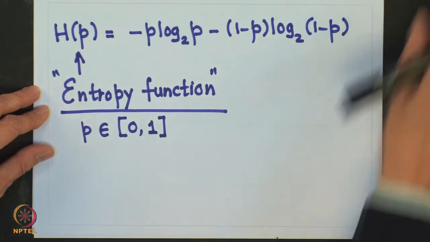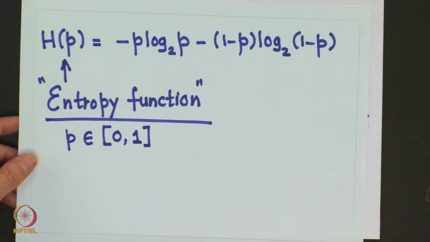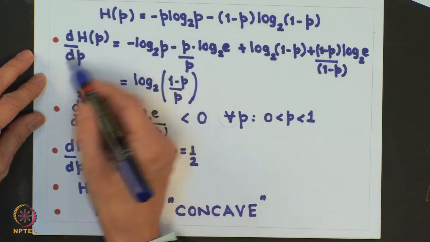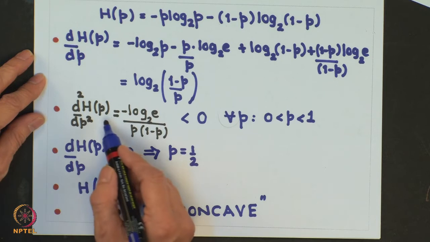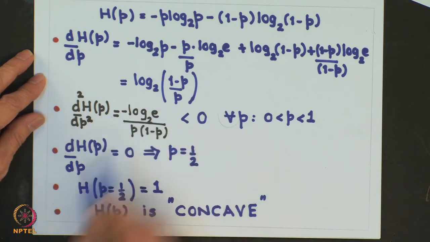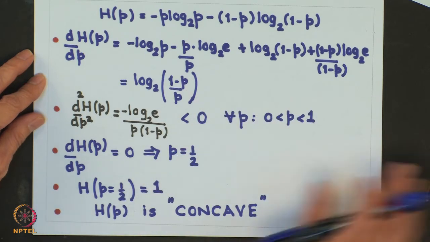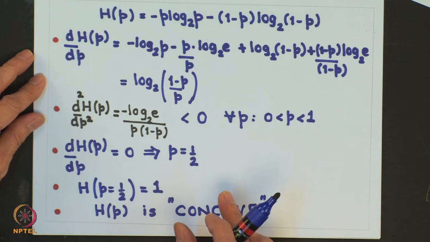Now, we can again mathematically prove this, correct. The procedure is very simple. What you could do is basically write this entropy function, take its first derivative, you will get this. You take its second derivative, you will get this. This second derivative is always less than 0 for P between 0 and 1.